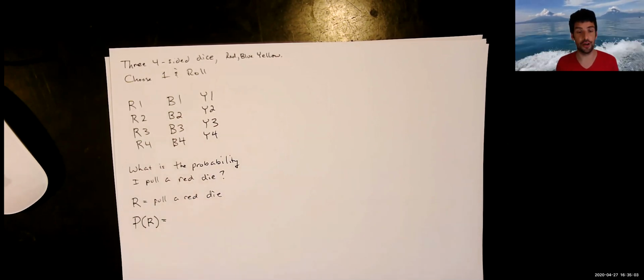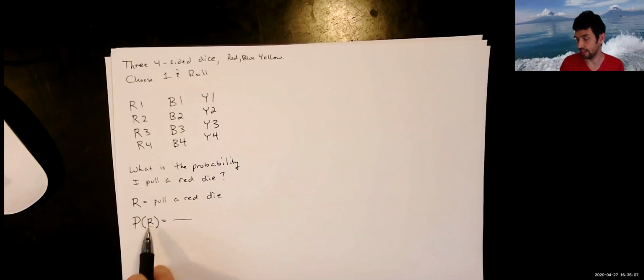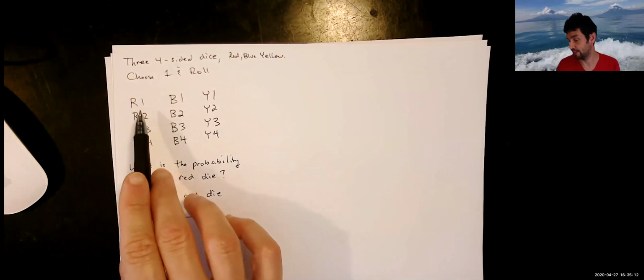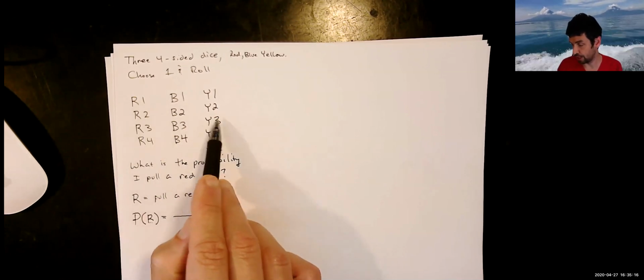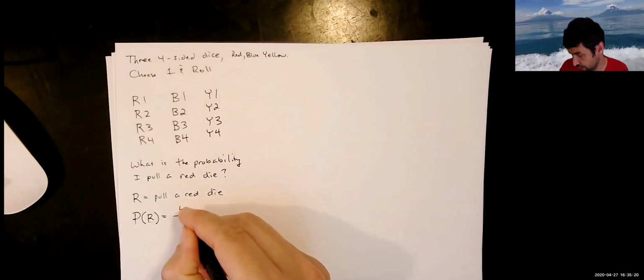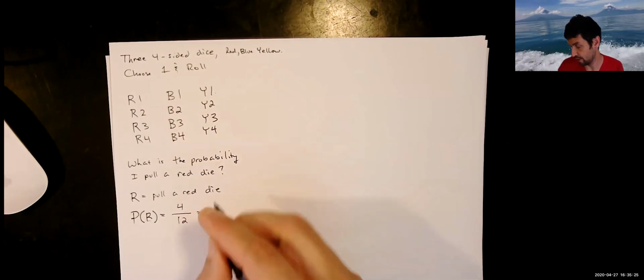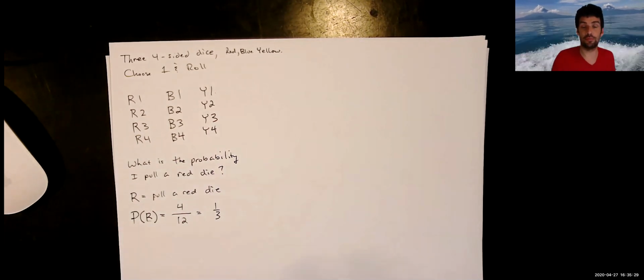So then to figure out the number, remember our rule, we take the number of events in R. Each of these is an event, right? Pulling the red, rolling a 1, pulling the red, rolling a 2, pulling the yellow, rolling a 3. So there's 4 events with red. There's a total of 12 events. If I want to reduce it, I can have 1/3, right? And I think we probably understood that.